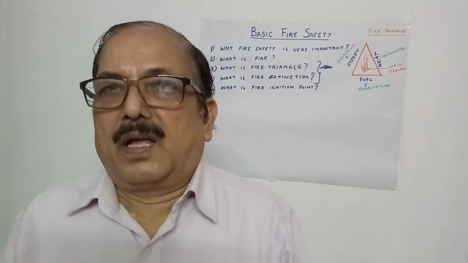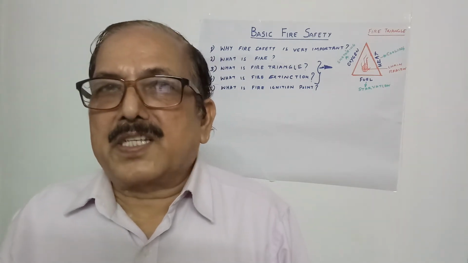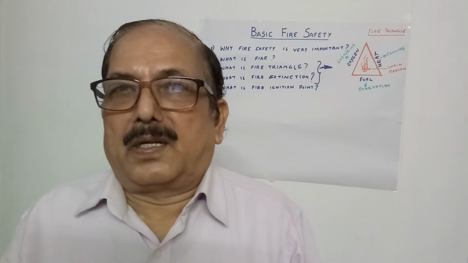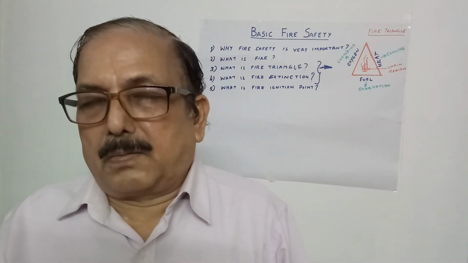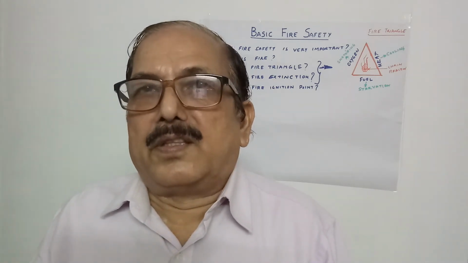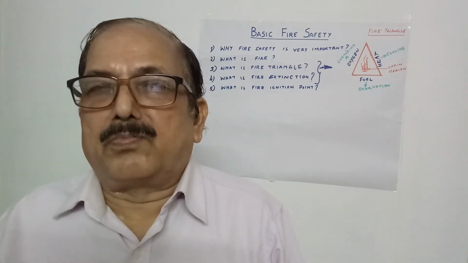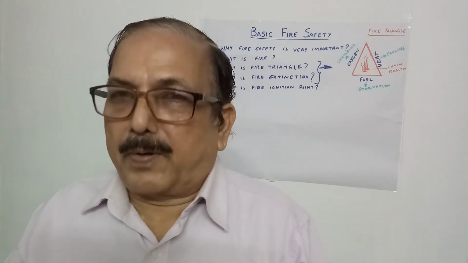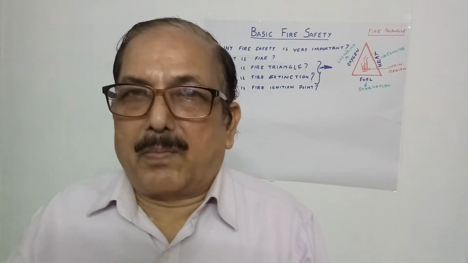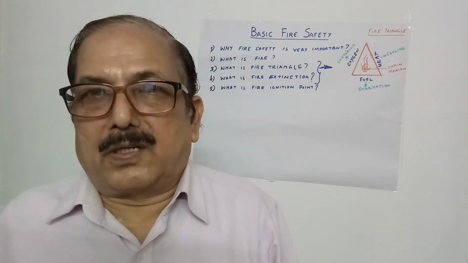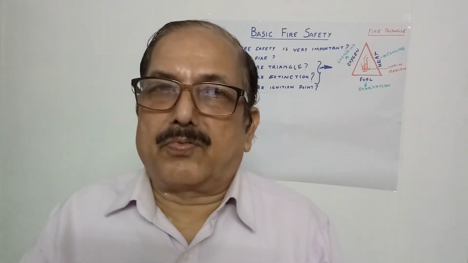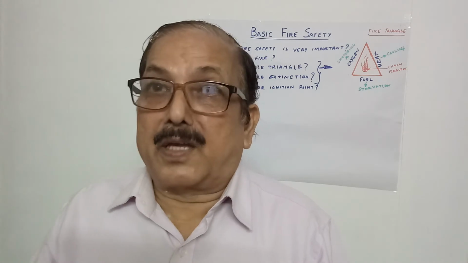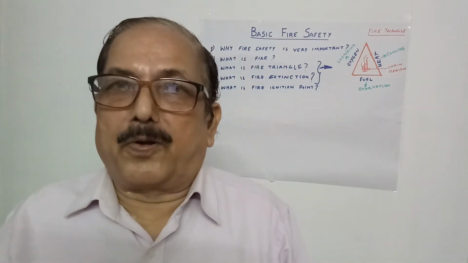So that's why, in fire safety classes, we give instructions that this is the temperature we have to maintain for that particular chemical. Whenever chemical people are manufacturing, don't go above that temperature, because the fire will catch. This is the safety point of view.